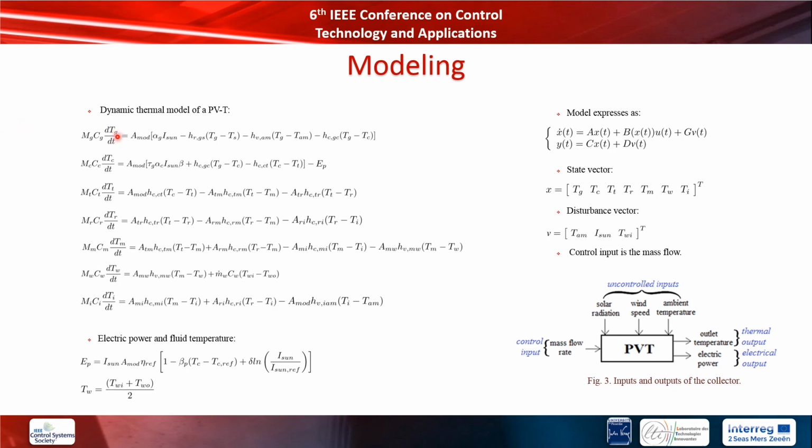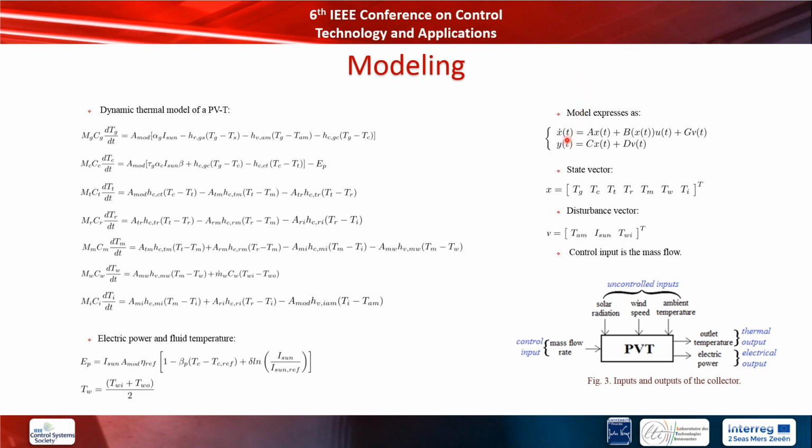Here Tg is glass temperature, followed by cell temperature, Tedlar temperature, absorber temperature, metallic tube temperature, fluid temperature, and insulator temperature, where Ep is the fraction of absorbed solar radiation that is converted into electricity, and Tw is the arithmetic mean of inlet and outlet temperatures.